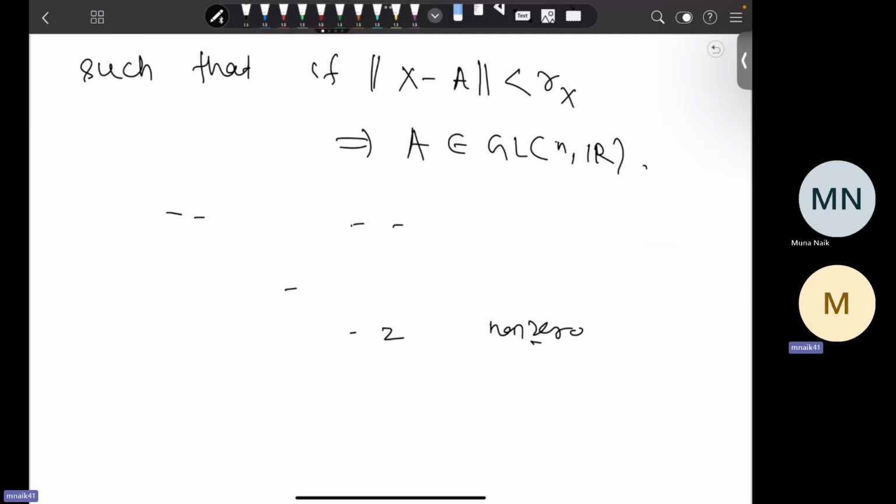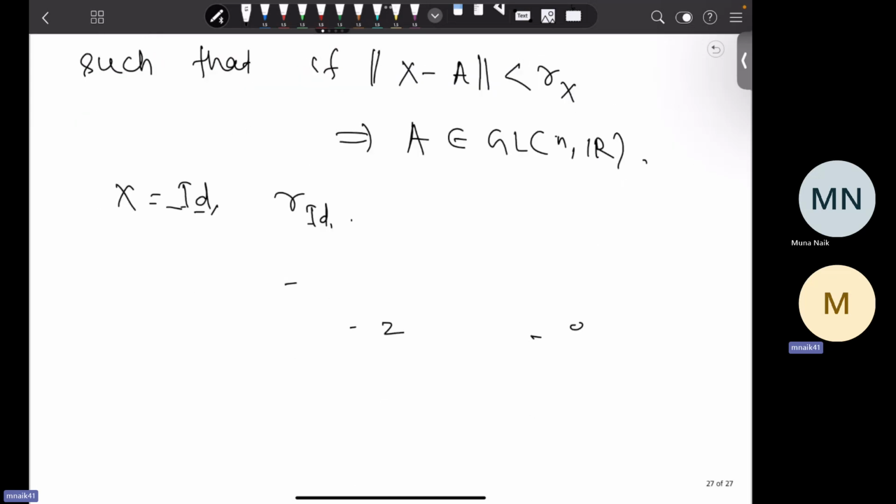If X is the identity, R_I is easy to guess to be 1, because GL(1,R) is nothing but R minus 0.